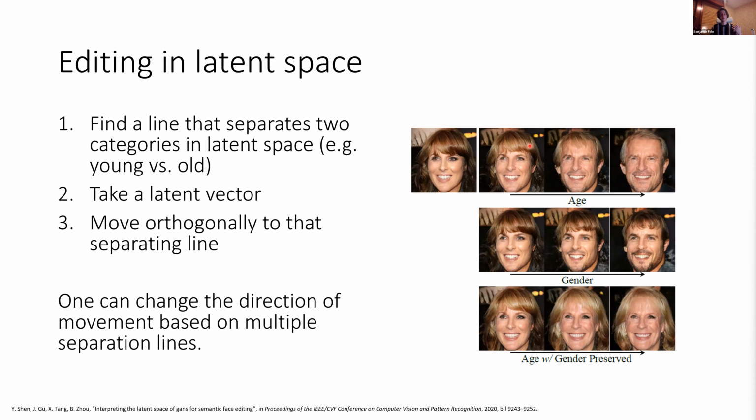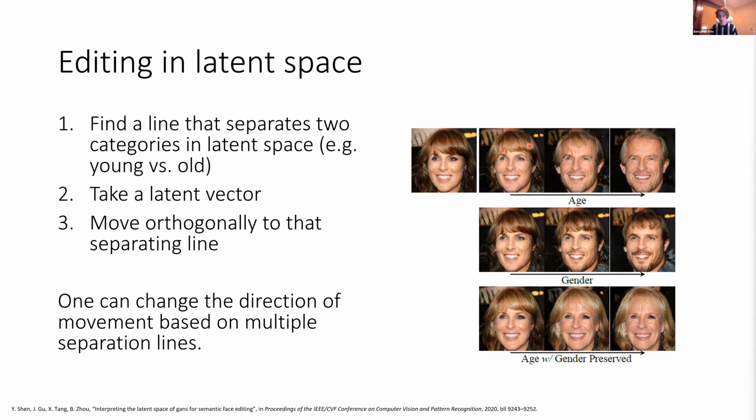So what you would do is try to find the line that separates young people from old, in the case of age, and you would take a latent vector, a point in this latent space, and move orthogonally to that separating line. That would make the person in the image, for example, older or younger.